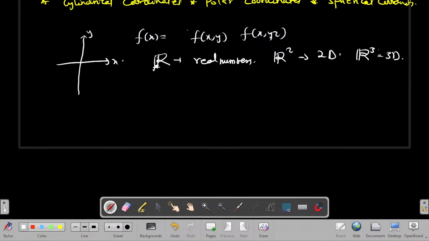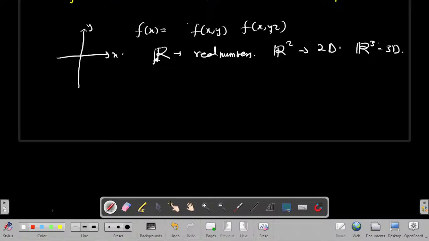Now, for me to explain this nicely, let me give some sort of problem here, okay? It says graph x is equal to 3 in R, then R squared, then R cube, right? So we are supposed to graph x is equal to 3 in terms of R, in terms of R squared, in terms of R cube, right?